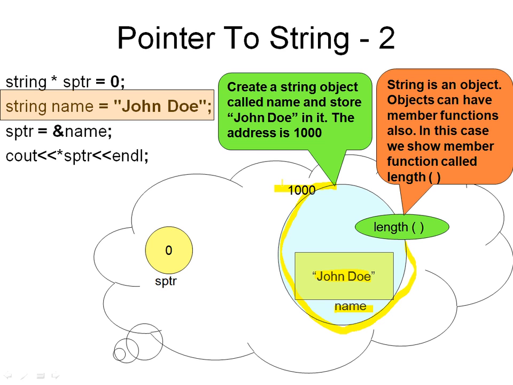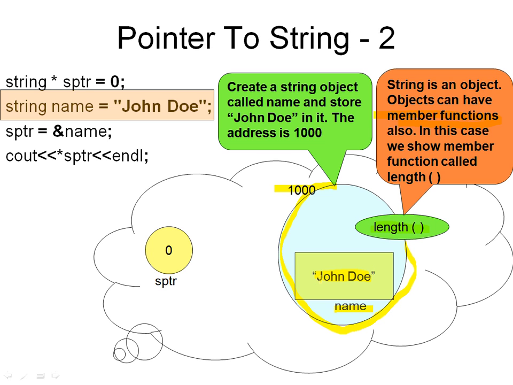However, as you know, a string is an object that has member functions also. In this case, we are only showing one of the member functions, which is called length. In the case of a string object, the length member function simply returns the number of characters in the string that is stored inside the string object.